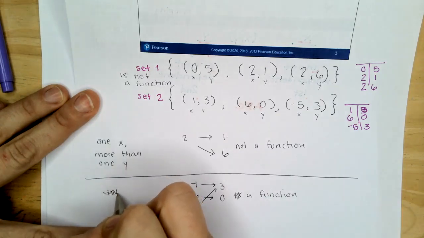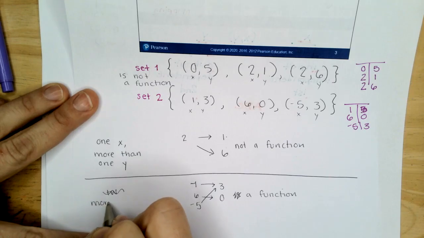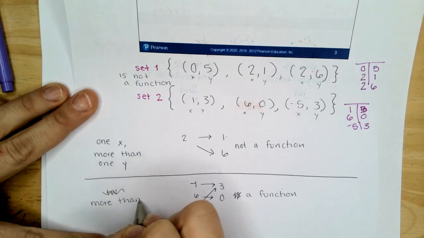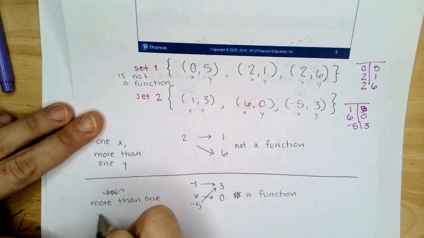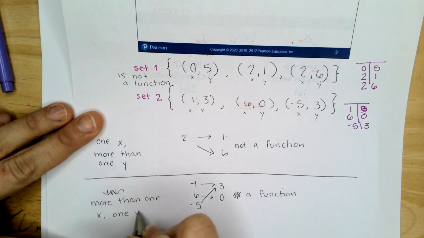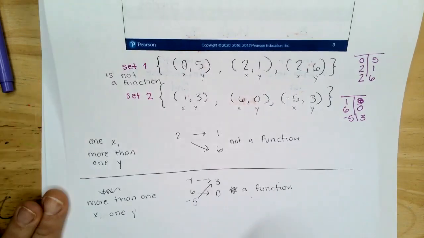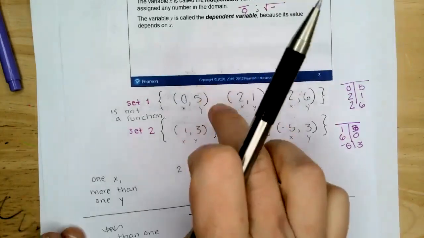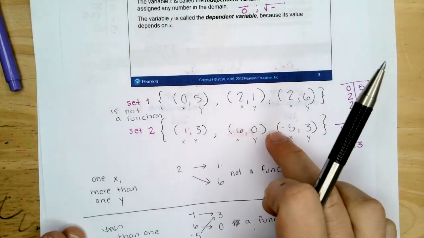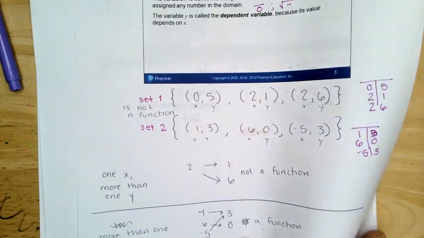Set 2, we'll say more than one x, one y is a function, okay? They are both relations. Relation, relation, not a function, function. Good? All right.